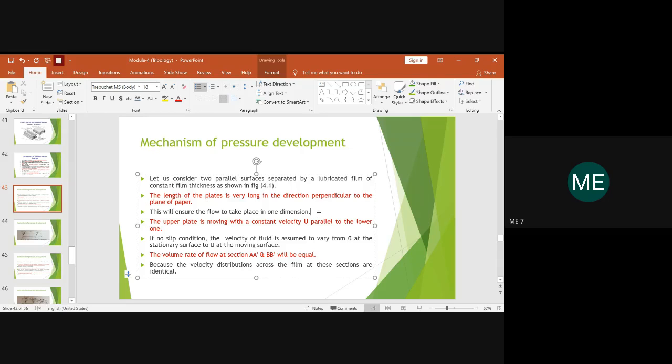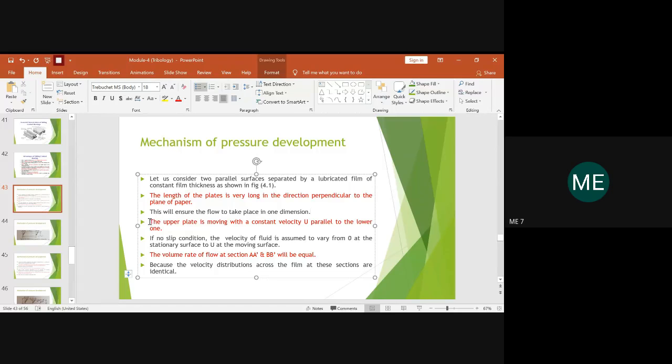So in all the bearings we have derived until now, the flow is assumed to be in one dimension only. Here also it is the same. So once you have kept these assumptions and aligned the plates in the direction perpendicular to the plane of paper, now we should think about the velocity with which the upper plate is moving.